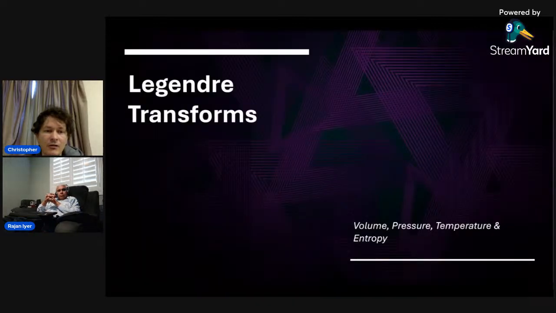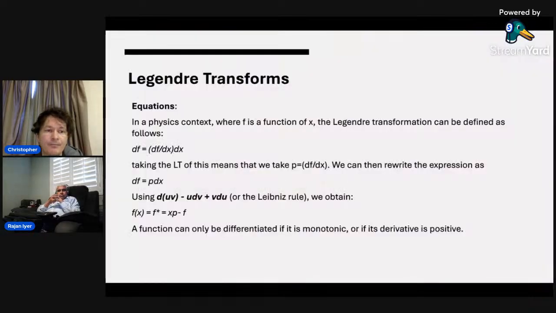So now we'll move on to Legendre transforms and look at volume, pressure, temperature, and entropy of the system. Here's a quick definition of Legendre transforms. In a physics context where f is a function of x, the Legendre transform can be defined as follows.